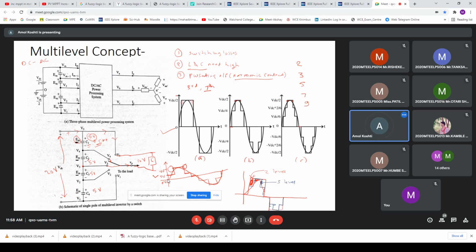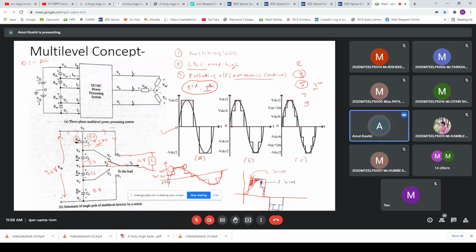As you increase the number of levels, suppose this third and seventh harmonic is present in 3 levels. Suppose you go for the 5 level output, you do the harmonic analysis and you find out only the third harmonic is there.